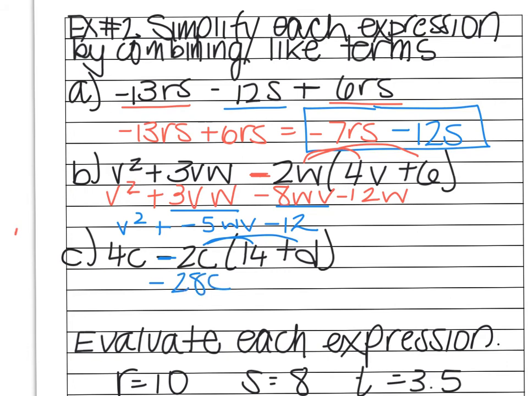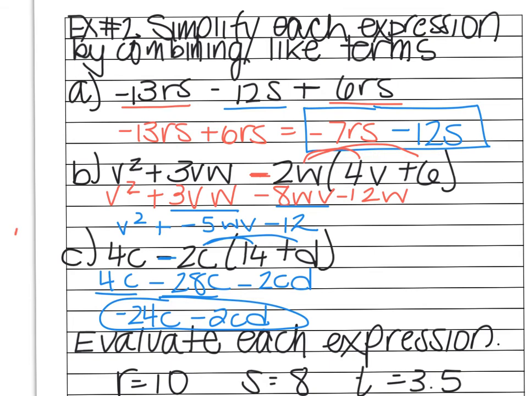And negative 2c times d is negative 2cd. We're going to bring down that 4c. Then I look to see if I can combine anything, and I can combine the 4c and the negative 28c. So I get negative 24c minus 2cd, and I don't have any like terms left. This is it. This is my final answer.